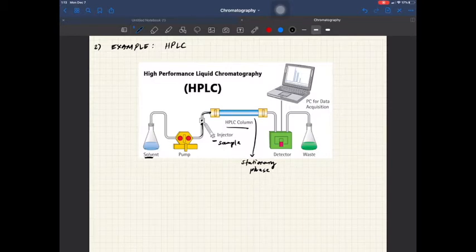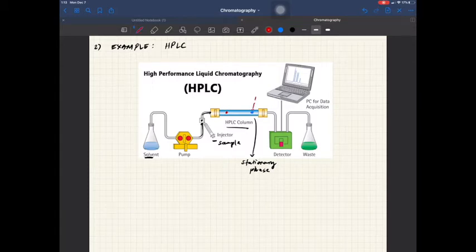Based on the interaction of your analyte with the stationary phase and the mobile phase, the analyte might be eluted first or eluted last. Suppose we have our analyte here and another component here. It means that the analyte is strongly attracted to your stationary phase compared to the other components.